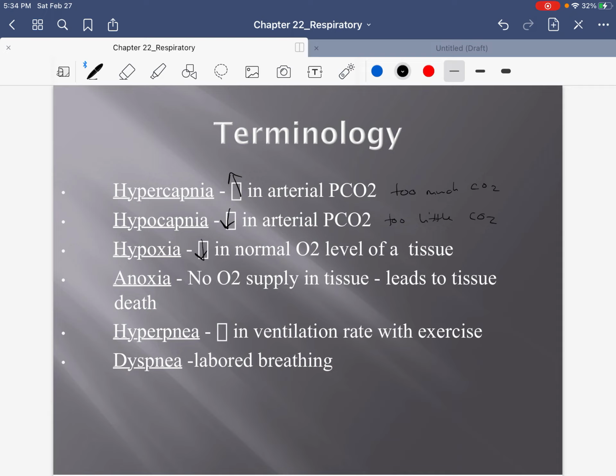Hypoxia is a drop in oxygen at a tissue, too little oxygen at a tissue. Anoxia would be no oxygen at a tissue. Hyperpnea is when ventilation rate goes up. Dyspnea is just labored breathing. I'm just going to ask you these top three.